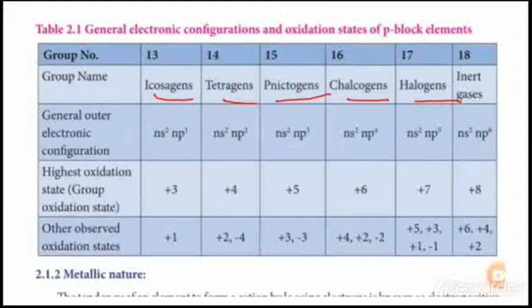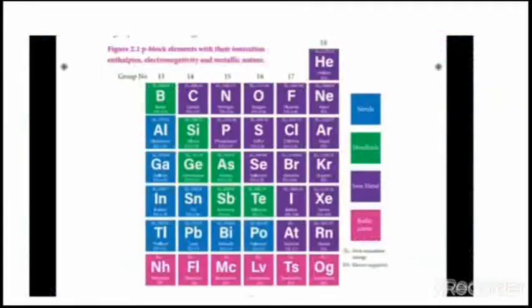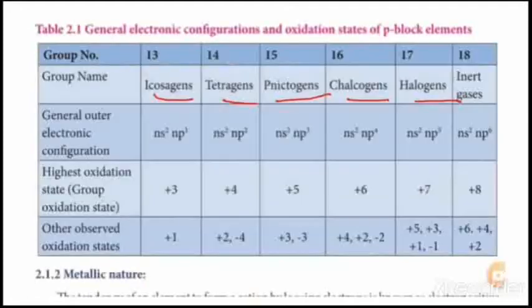In this group, except boron, all others are metals. Here you can see that the blue boxes represent the metals, green boxes metalloids, the violets are non-metals and the pink ones are radioactives. Okay, so in this group only we are having metals, non-metals as well as metalloids.